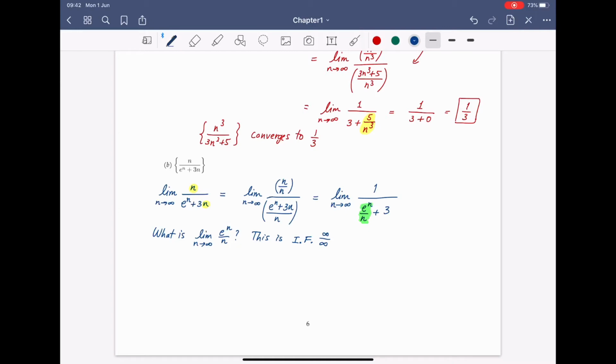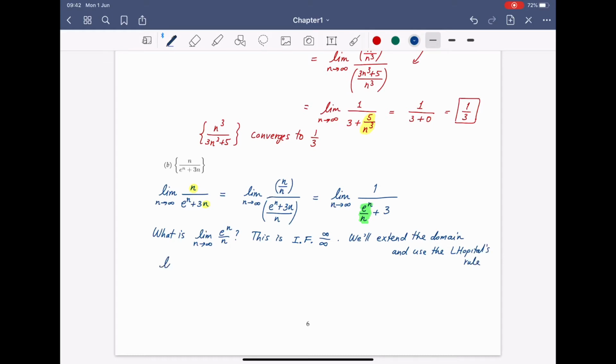From Calculus 1, if you replace n with infinity in this function, you have e to the infinity over infinity, so this is infinity over infinity. So we will extend the domain and use L'Hopital's rule.